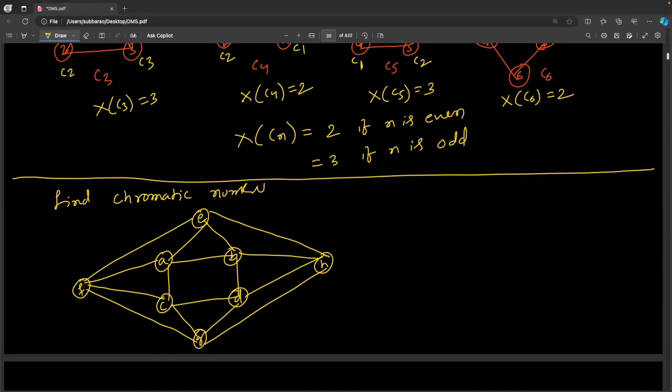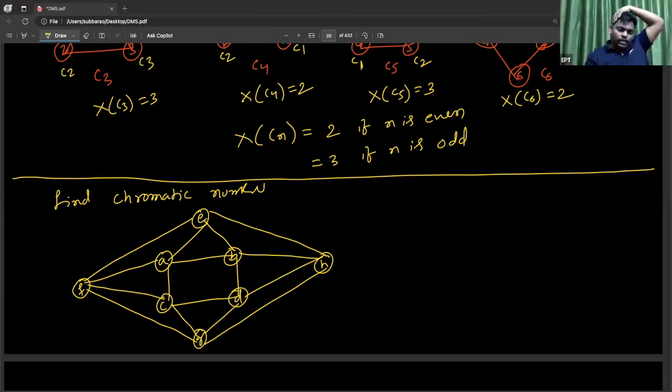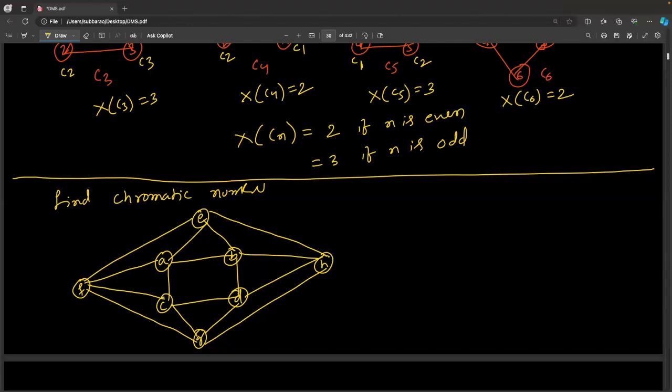One small question I want to ask everyone. This is the given problem. Everyone listen. Is it a planar graph?